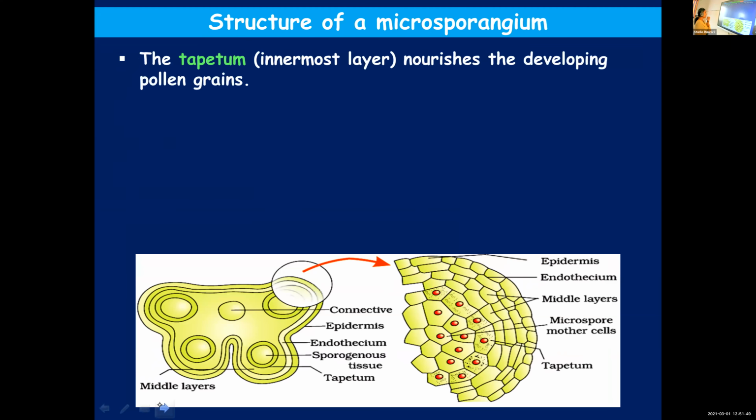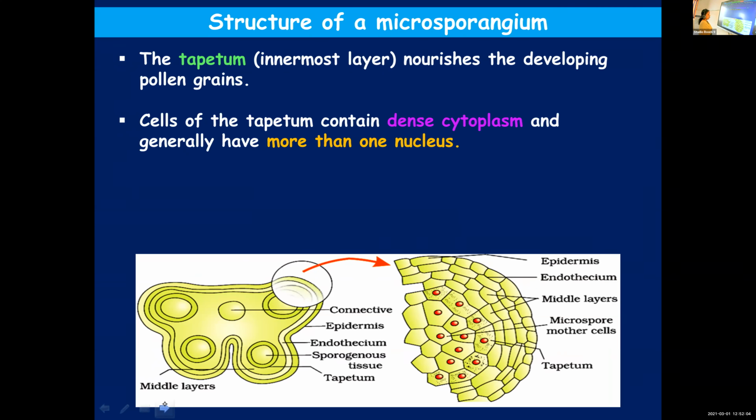Now coming to the innermost layer, the tapetum. Tapetum is the layer which nourishes the developing pollen grains. The cells which make up the tapetum are rich in cytoplasm. They have dense, thick cytoplasm, and they are multinucleated.